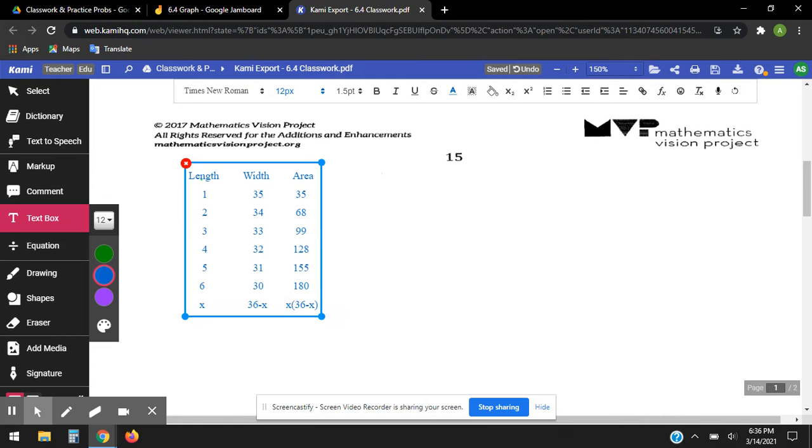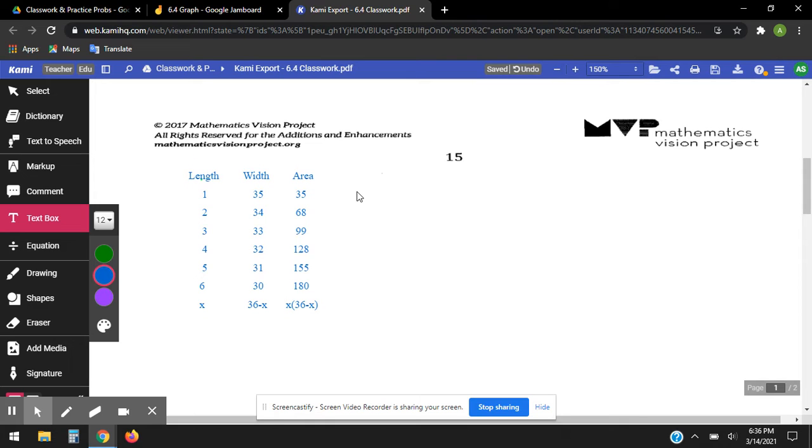But I don't know quite yet what my largest area is. What do we think it's going to be? What are some numbers we want to try? Well, I'm going to start a new text box over here.